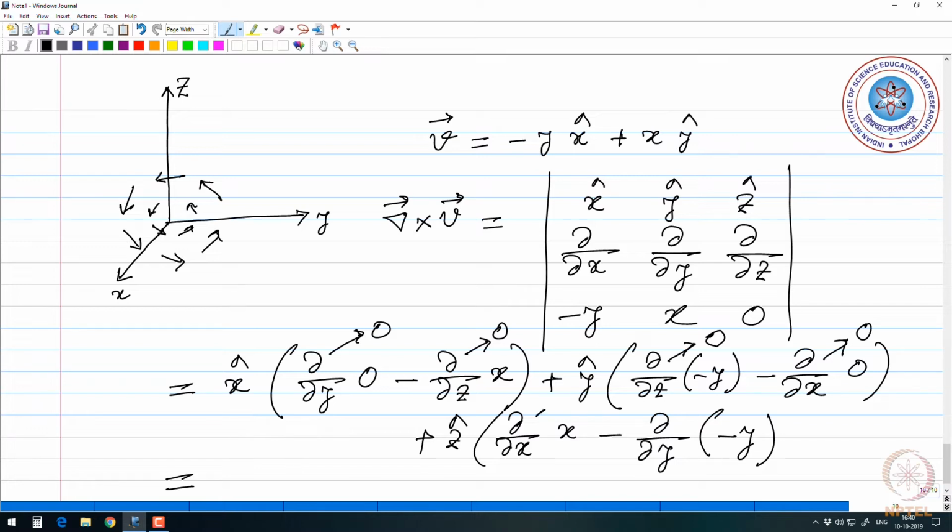This quantity sustains and becomes 1 because it is a partial derivative of x with respect to x. This becomes minus 1 and in front of that there is a minus sign, so plus 1. As a result the curl becomes 2 z cap everywhere in the Cartesian space. That's what we find in this case.